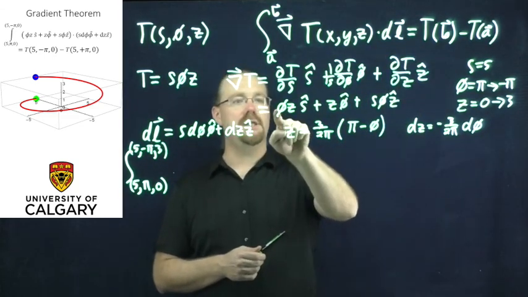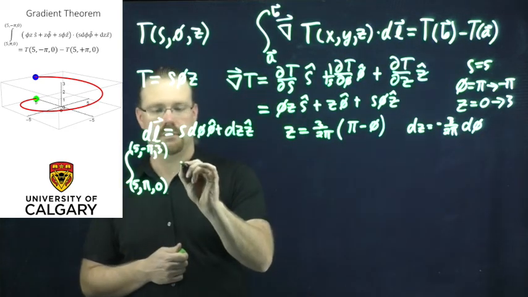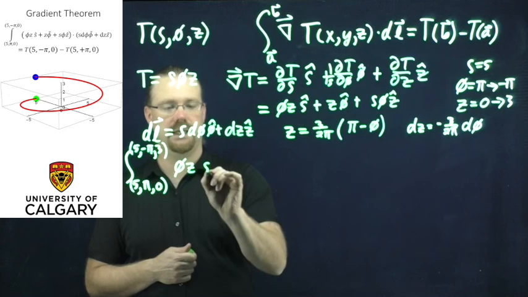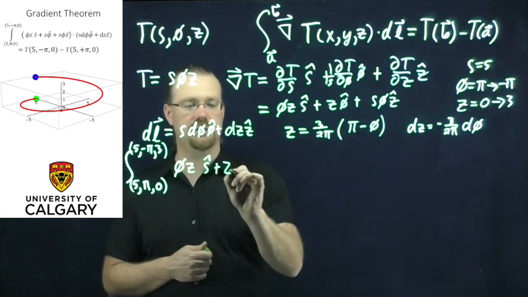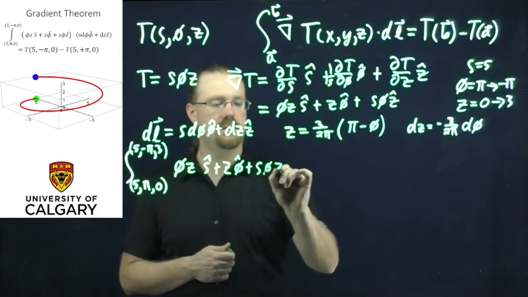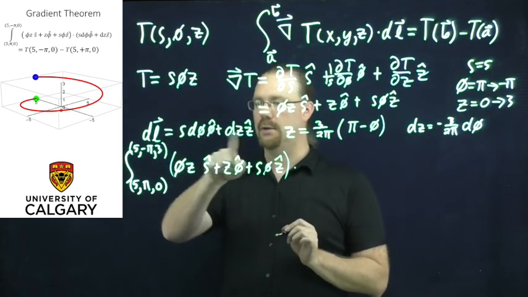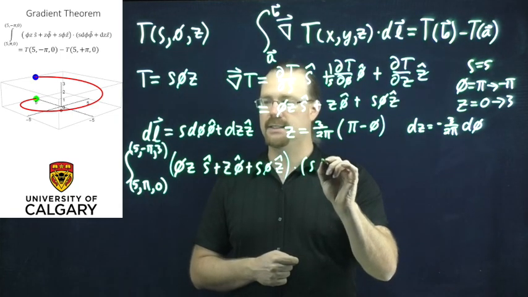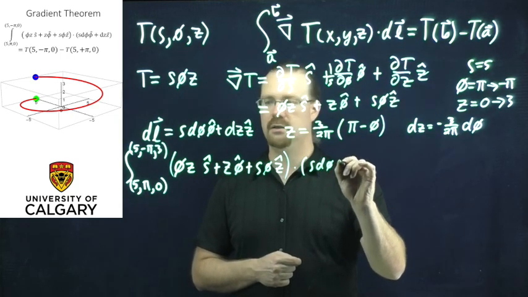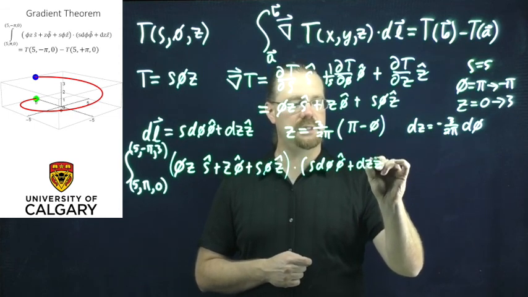Well, our gradient of T is this expression right here: phi z s hat plus z phi hat plus s phi z hat. And this is going to be dotted with our dl: s d phi phi hat plus dz z hat.